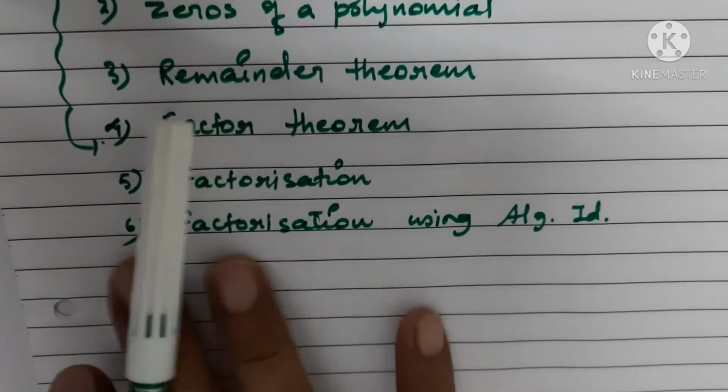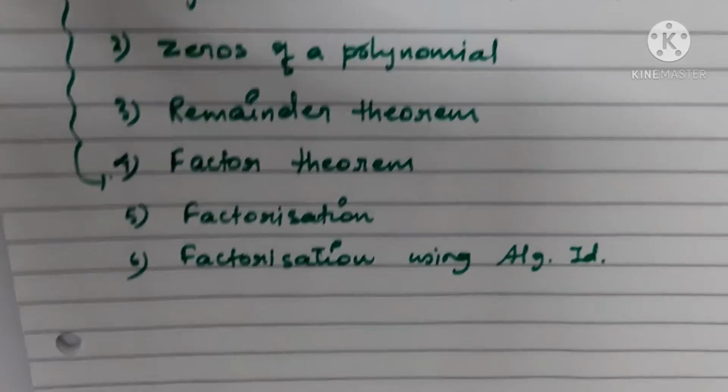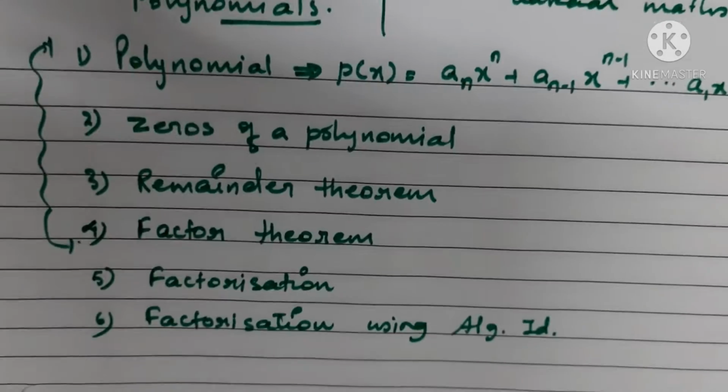So let's understand what is a zero of a polynomial. As I have told you, polynomials are algebraic expressions, and there are different types of polynomials.